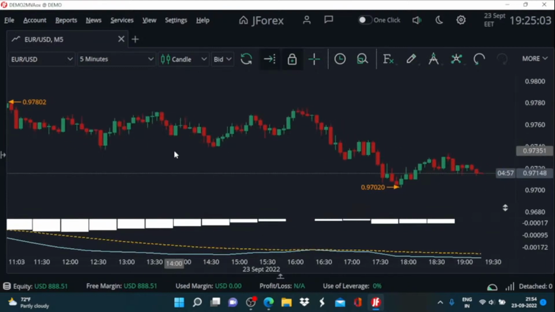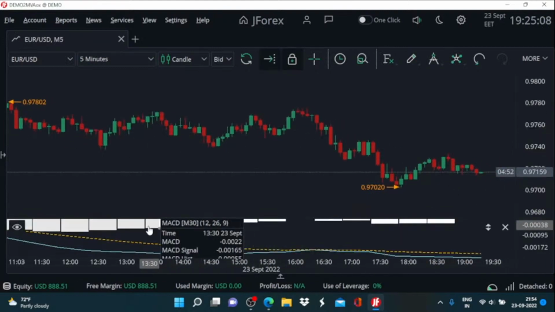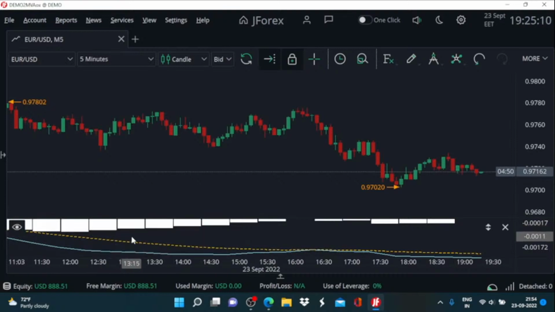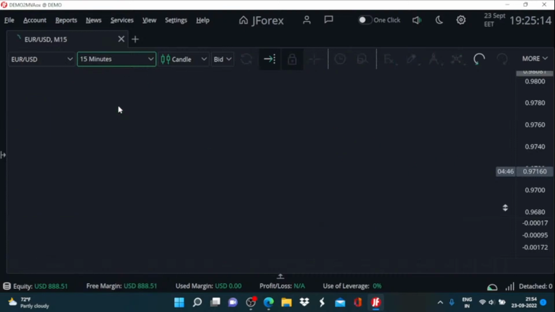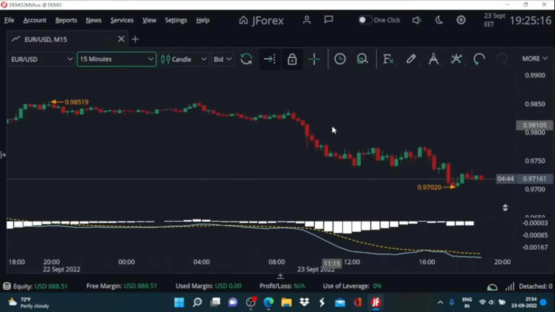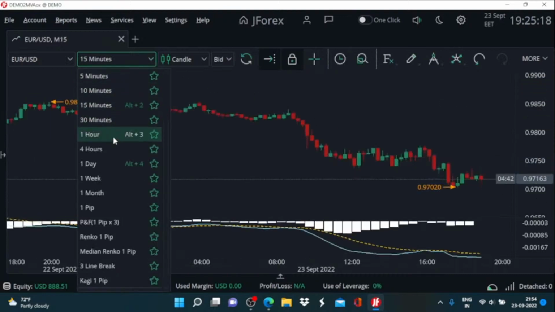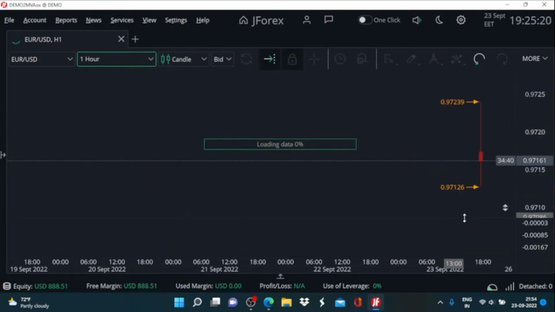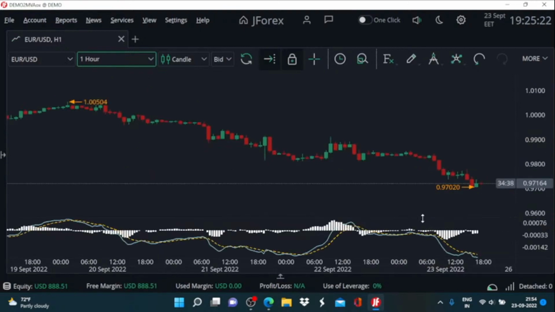So here, even though the chart is of 5 minutes, we have this MACD plotted as per the candle period being 30 minutes. All right. So this is how these indicators, some of the customization options work.